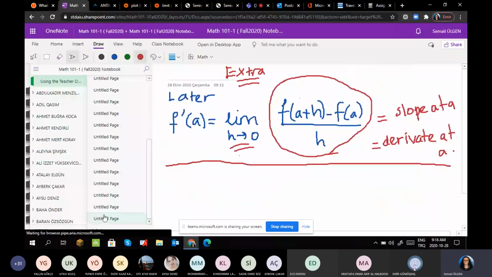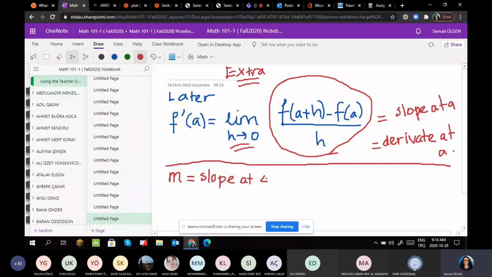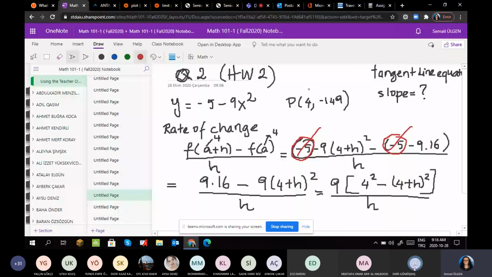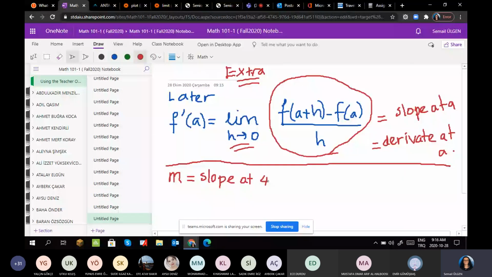So from this table, we usually show the slope as m. Slope at 4, because we are evaluating everything. The question was at the point with x value 4. So m is the slope at 4, and we found that it's negative 72.